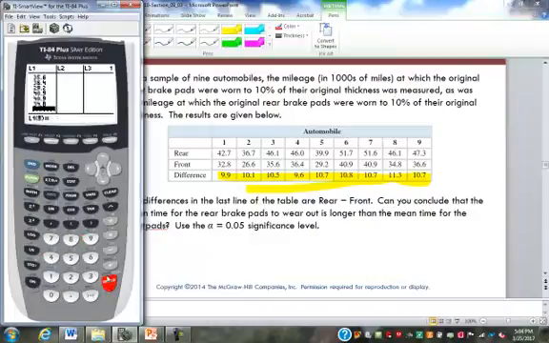You might wonder, well, driving habits and all that come into play for brake pad wear. That's why the matched sample is appropriate here, because that car has been driven, and the front brakes and rear brakes have gone through the same driving experience. So it is most appropriate to use a matched sample for this type of test.